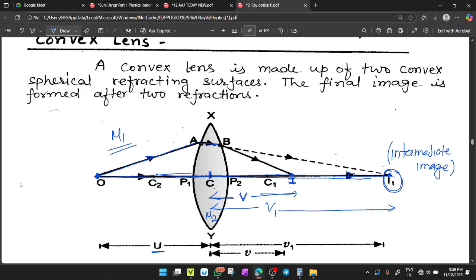So it will bend towards the normal and pass through AB. Extend this ray till it strikes the principal axis, and there will be your image I1. So this is your first image formed by the first refracting part of the lens. Clear?